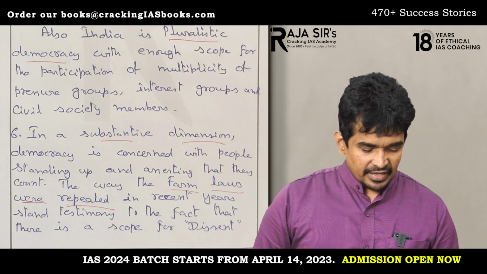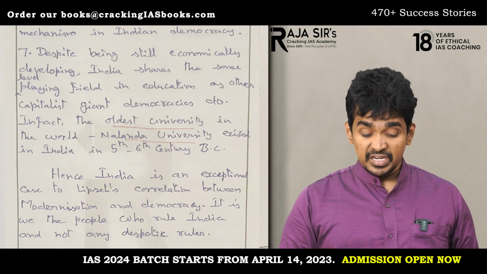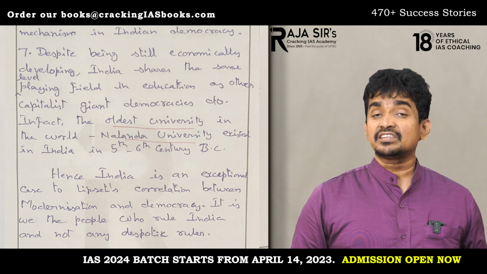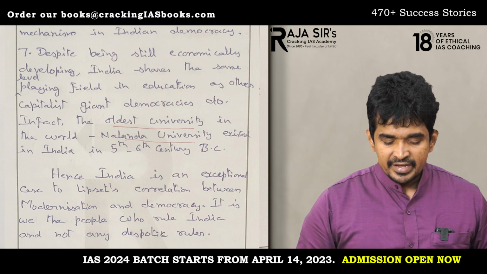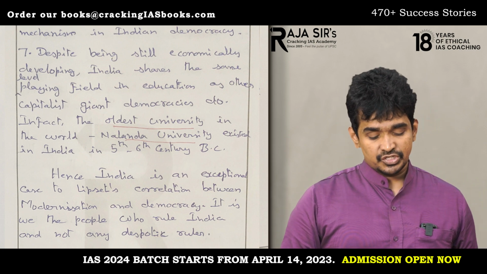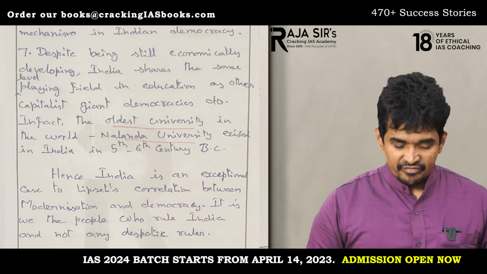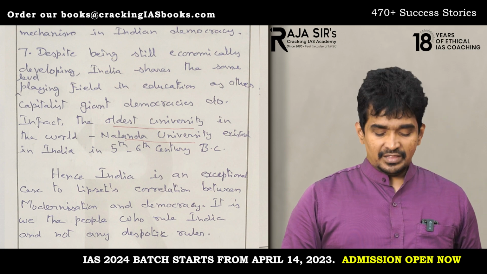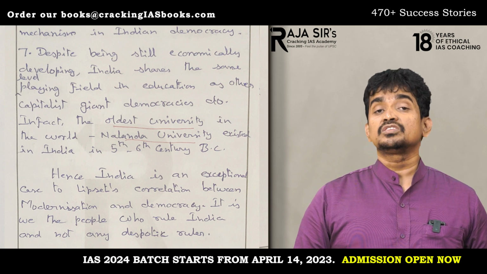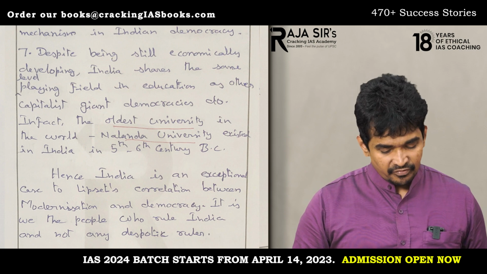Fine. Then the seventh point: despite still being economically developing, India shares the same level playing field in education as other capitalist giant democracies do. Full stop. In fact, the oldest university in the world, Nalanda University, existed in India in the 5th to 6th century BC, right? Full stop.